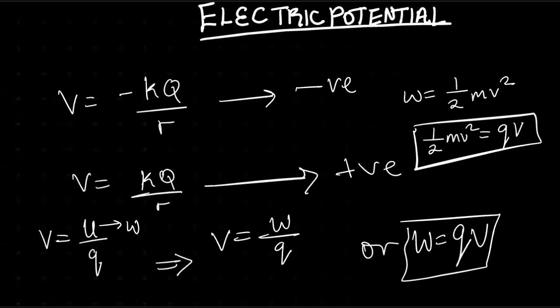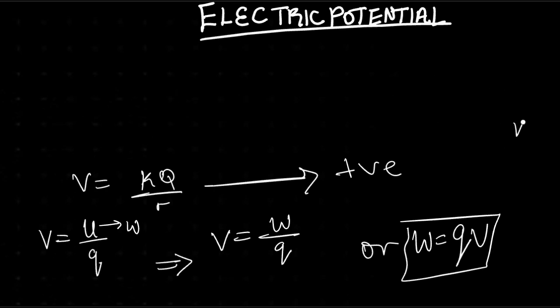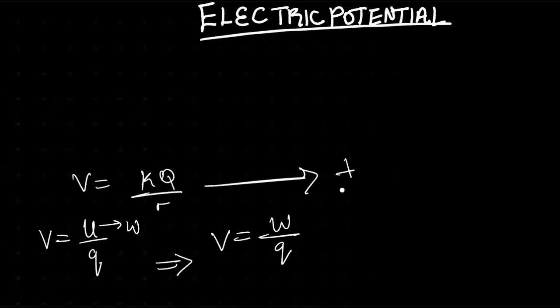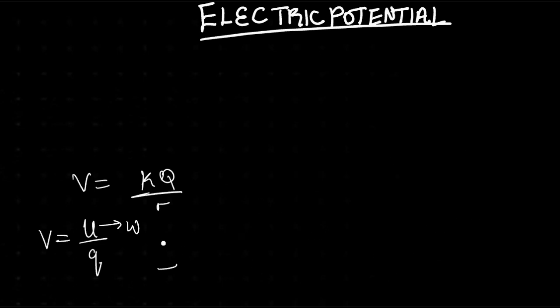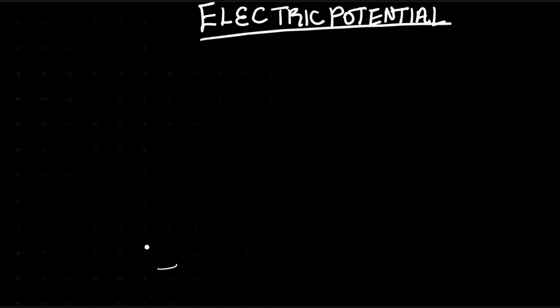The next thing we are talking about is the equipotential surface. What is an equipotential surface? Simple. An equipotential surface is a surface in which all the points have the same electric potential.